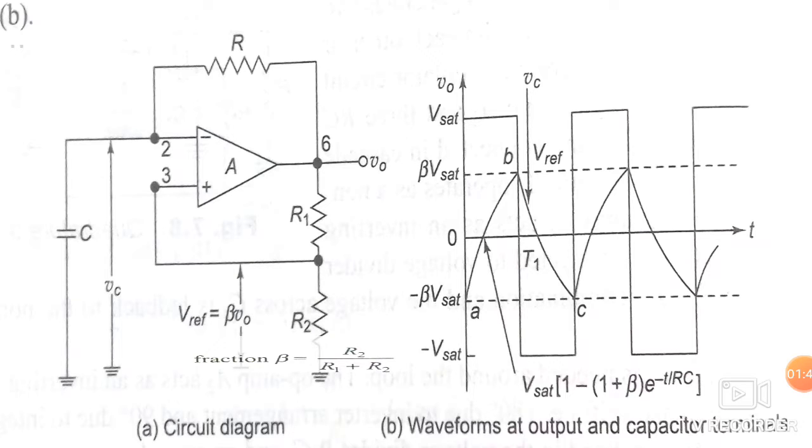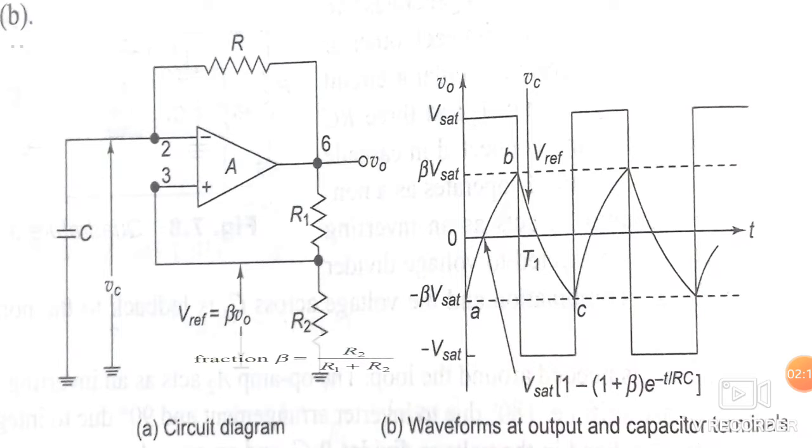Now you can see the voltage output V0. At time t equal to 0, let us say the output of the operational amplifier is plus Vsat.